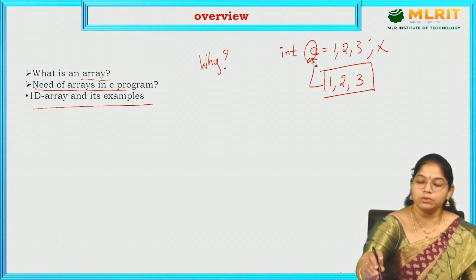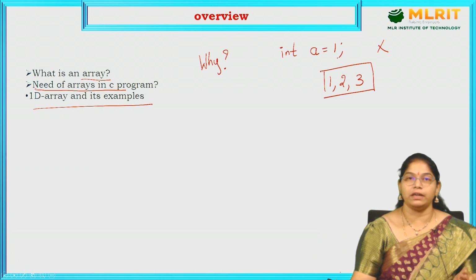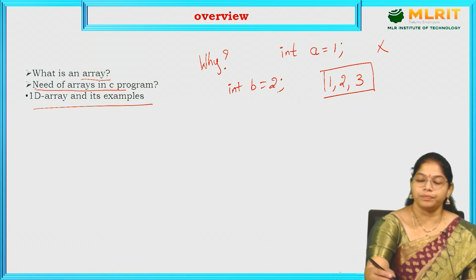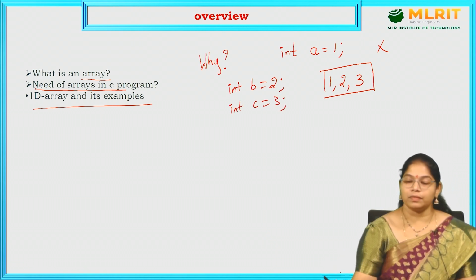If I want to store the data 1, 2, 3 in a variable, what can we do? We have to declare 3 variables like int a equal to 1, int b equal to 2, int c equal to 3. In that way.